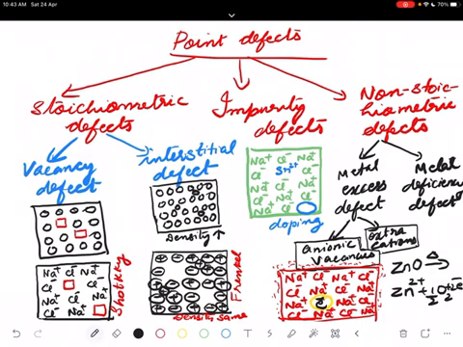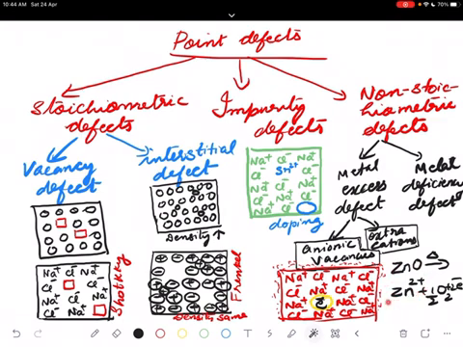Here we call it metal excess defect due to extra cations present at the interstitial site.